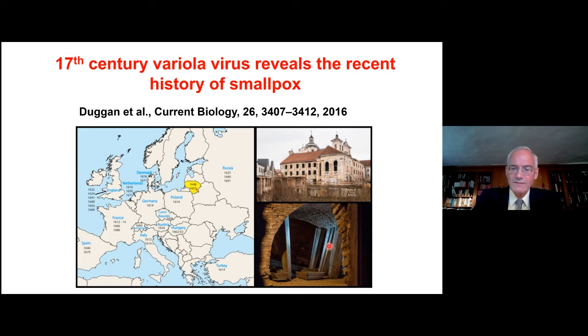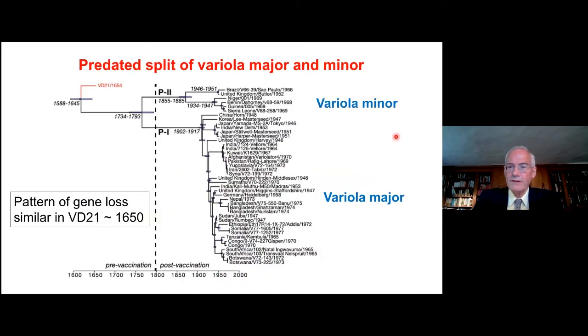And mass sequencing of DNA from that mummy showed that there were many reads that matched the variola virus genome. And the reads were so numerous that they could be assembled into a complete genome, and then the genome compared with the modern day variola viruses of the minor or major clades. And this genome from the 1650s clearly predated the stage when the variola minor and major had split.